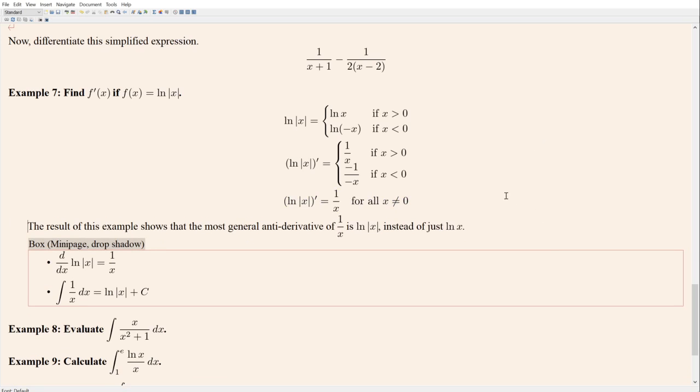So that means that if we want the most general antiderivative of 1 over x possible, we should write natural log absolute value x instead of just natural log x. Because natural log x has the restriction that its domain is only the positive numbers.